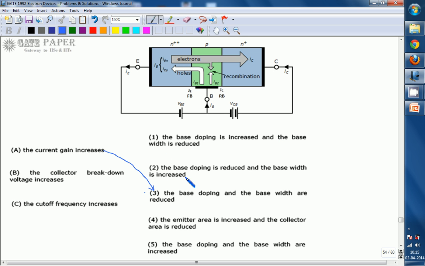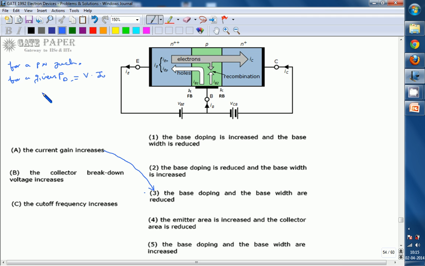Next, collector breakdown voltage. Collector breakdown voltage is the breakdown voltage across the collector base junction in this case. For a PN junction, for a given power dissipation PD, we can write it as V into I, the voltage across the junction and the current flowing through it give the power dissipation.